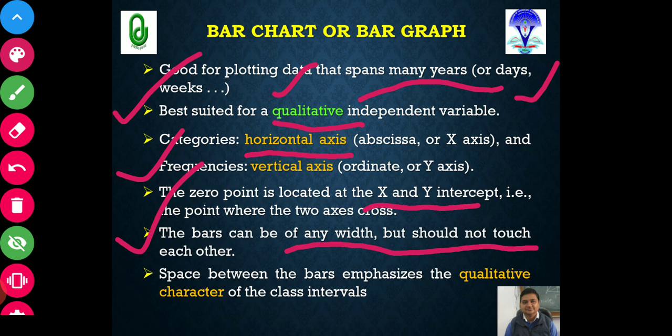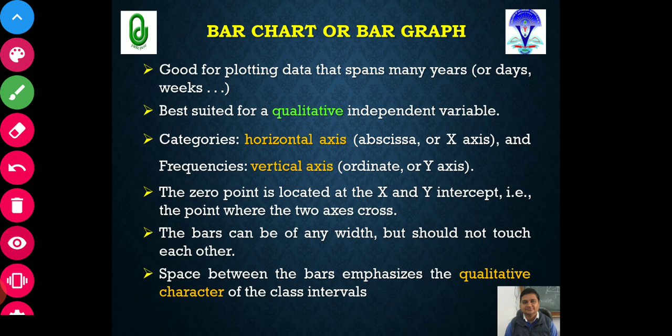The width will not have any importance. Then the space between the bars emphasizes the qualitative character. We have already seen that the space between the two bars shows the qualitative, categorical, or discontinuous nature of our data.